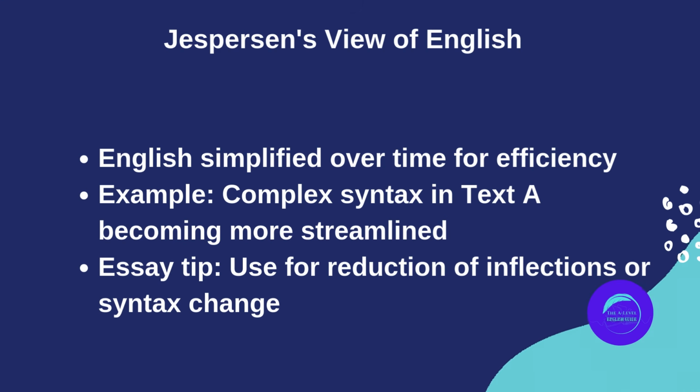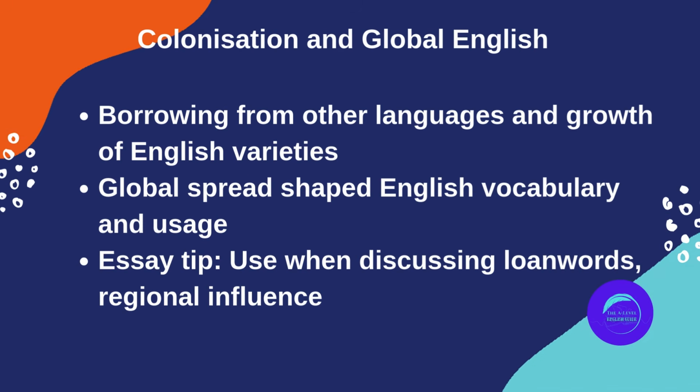Finally, colonialism and the global spread of English. As English travelled across the world through trade and empire, it absorbed words from many other languages and created new varieties. This led to the inclusion of loanwords and the rise of regional Englishes. Though not directly seen in the tailoring text, this process explains how English vocabulary expanded beyond its European roots.